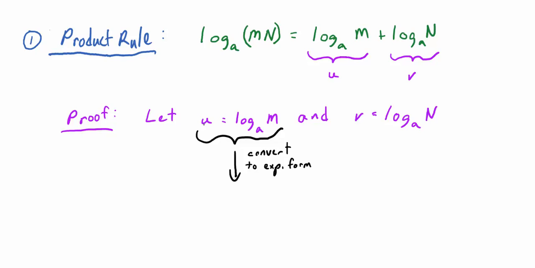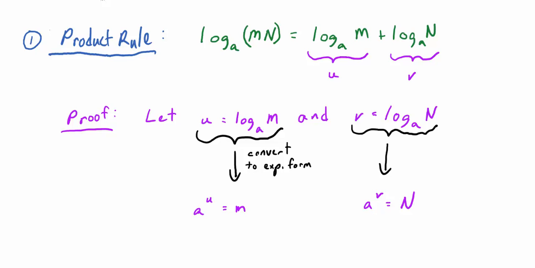And what is, okay, u equals log base a of m is in logarithmic form. What is that in exponential form? Yeah, it's a to the u equals m. Any question there? And then what about this guy? V equals log base a of n. What is that in exponential form? A to the v equals n.